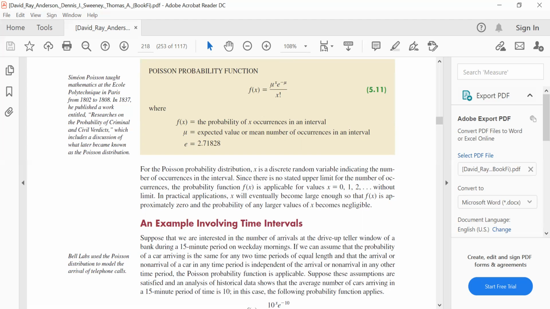Always remember, the parameters are those values which help us to solve the equation. Like in binomial distribution, we have two parameters. These are n and p.